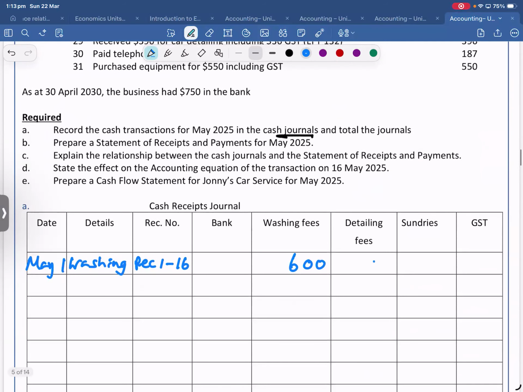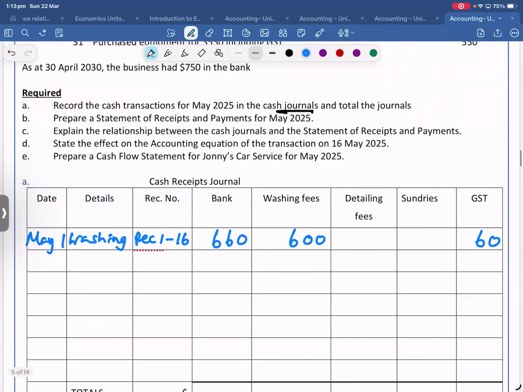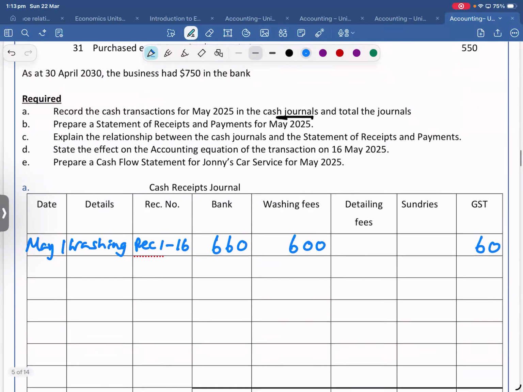Detailing is no, not detailing, sorry. GST 60. Altogether, we add them, right? We are recording in the bank 660. Make sense? Yeah. Right, good.